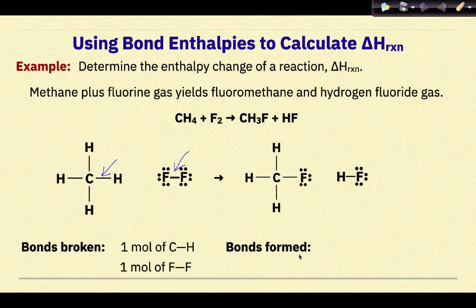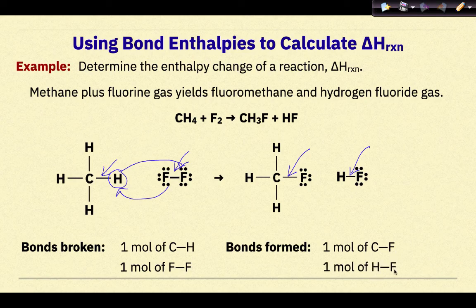Now for bonds formed, because we're removing this H and basically breaking apart this F, this H is going to bond to one of these F's, and this F is going to take the place of this H, which means we are forming this bond and we are forming this bond. So bonds formed, 1 mole of CF and 1 mole of HF.